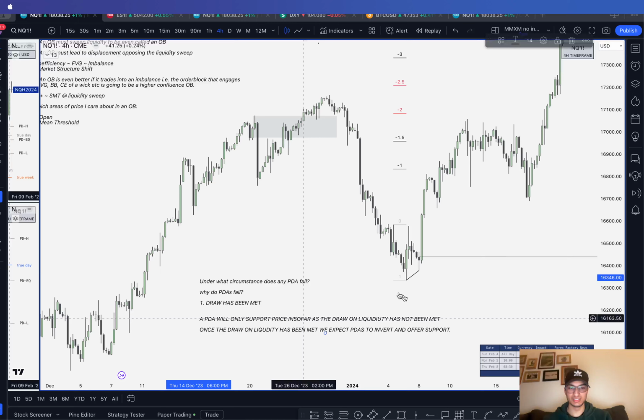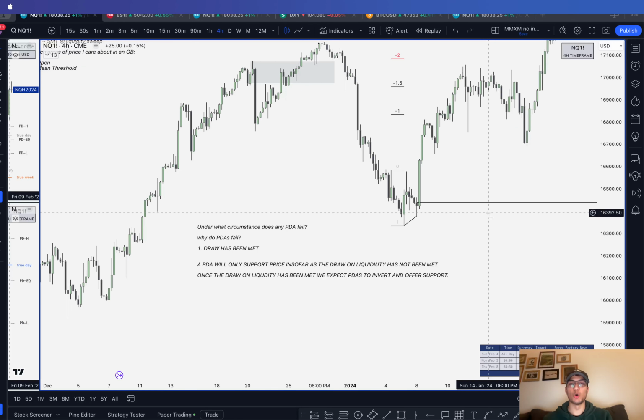Everyone put that in their notes. A PD array will only support price insofar as the draw on liquidity has not been met. Once the draw on liquidity has been met, we expect PD arrays to invert and offer support.